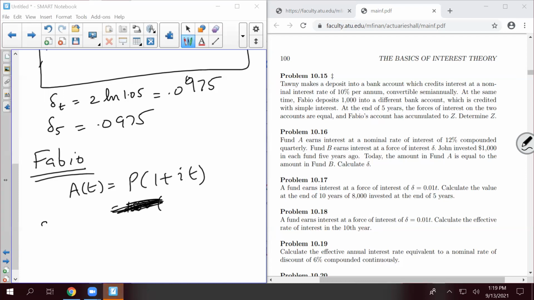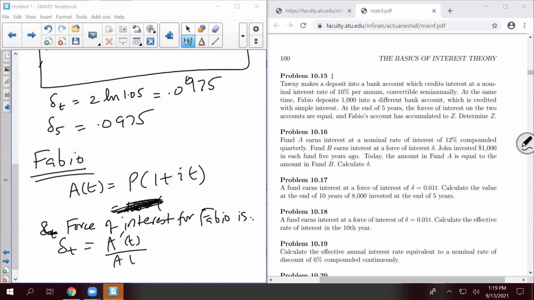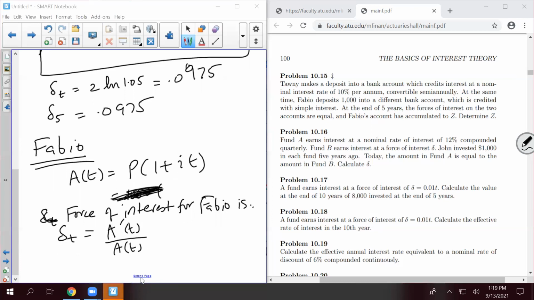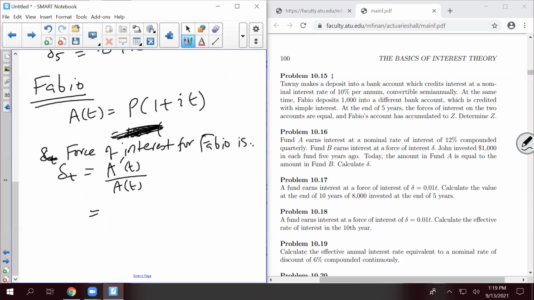So delta t, the force of interest for Fabio, is equal to again A prime t over A t, the generic formula. Now what's the derivative of this one? The P is a constant.